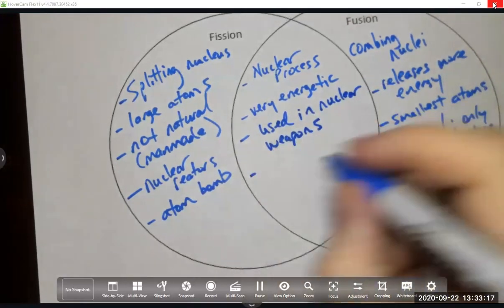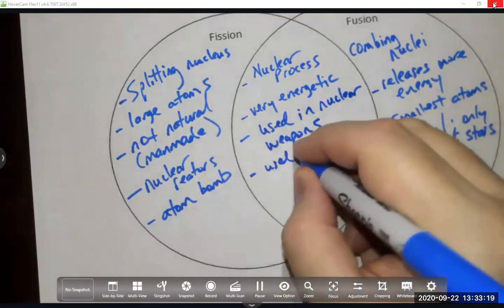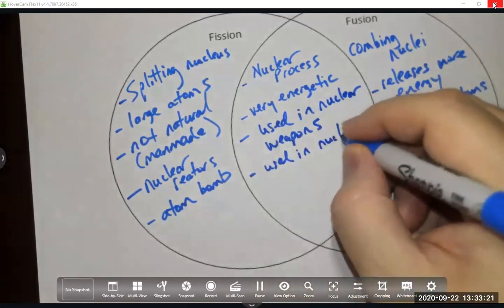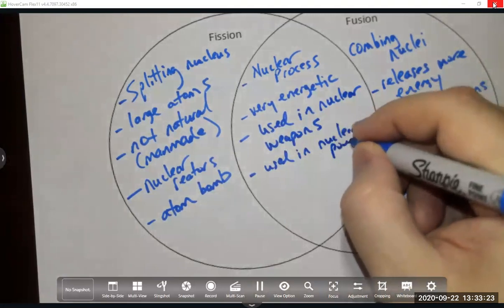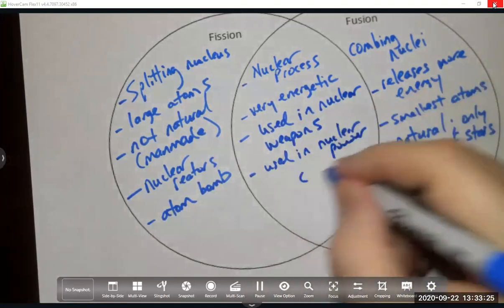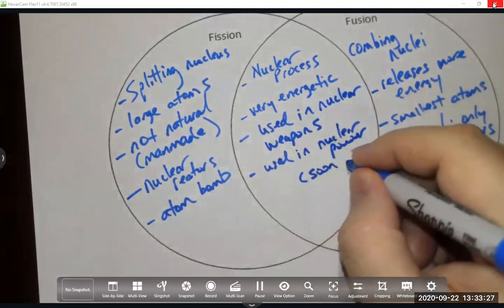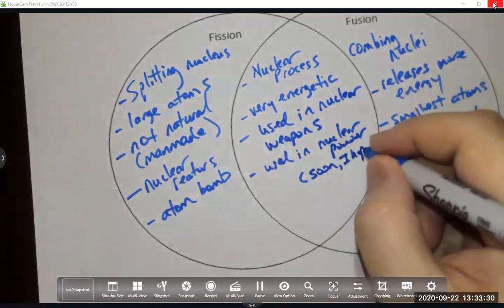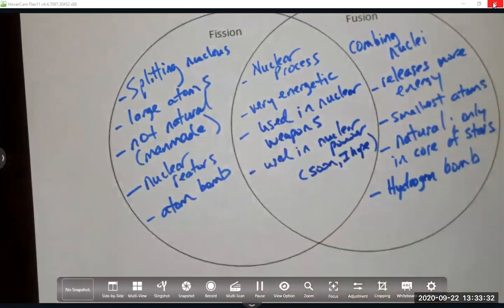And hopefully soon they'll both be used in nuclear power. And we will put there in parentheses, soon. More about that in class.